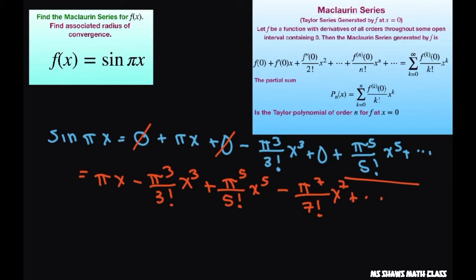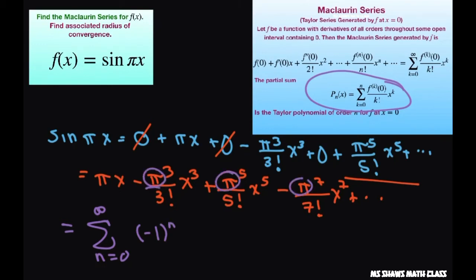Writing this out in summation notation, this equals the sum, n equals 0 to infinity. Now we have the alternating signs, so this is going to be negative 1 to the nth power. We have pi here, going by odd numbers, so the formula for odd numbers is 2n plus 1.